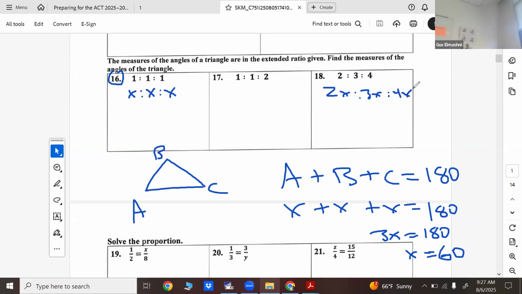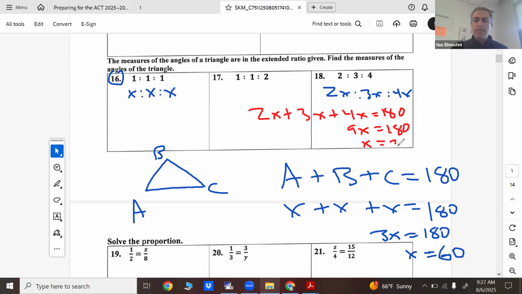Because if you compare 2x, 3x, 4x, isn't it all the same ratio? 2, 3, 4. x, x, x, 1, 1, 1, right? So what this means is 40, 60, and 80.